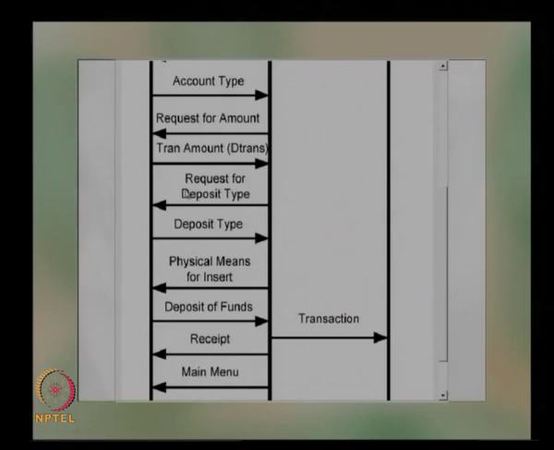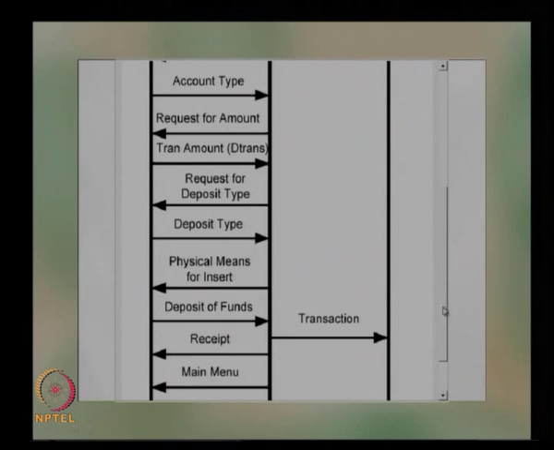This kind of transaction, or the input output trace, tells you the requirements. When you say there is a physical means of insert, that means there is a requirement for a physical opening in the machine to accept the cash or check. Then the customer deposits the funds, and there should be transaction information sent to the central server, which will count the amount or verify the cash.